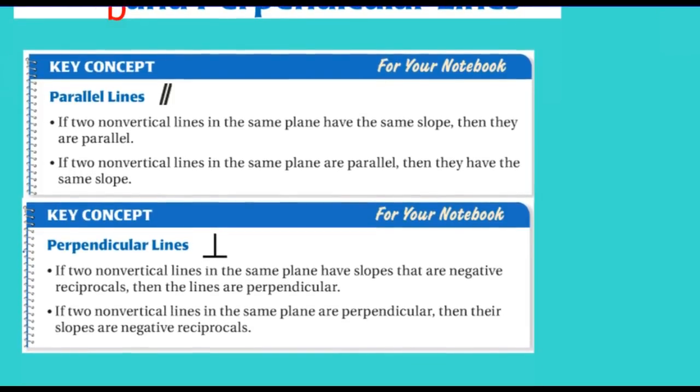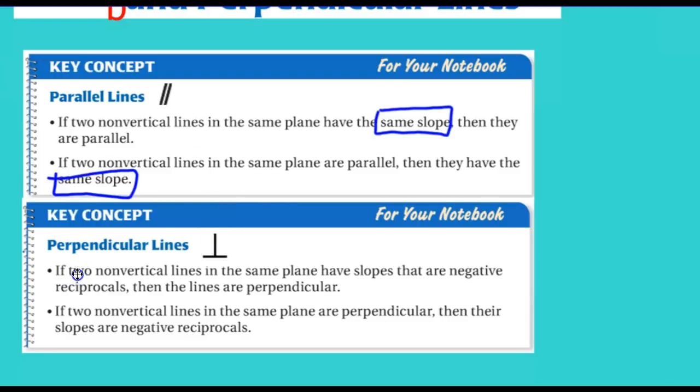Just a reminder, parallel lines are two non-vertical lines that have the same slope. Conversely, if two non-vertical lines in the same plane are parallel, then they have the same slope. So parallel lines have the same slope.